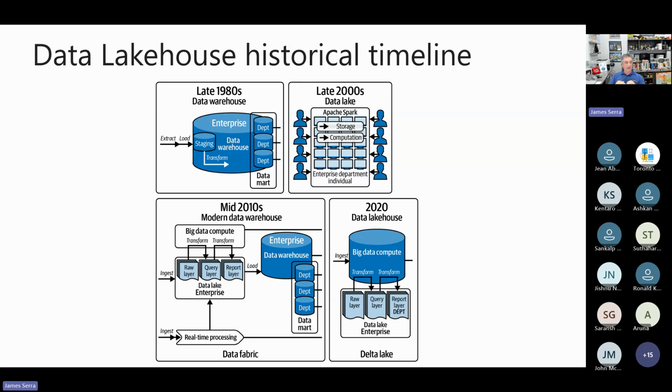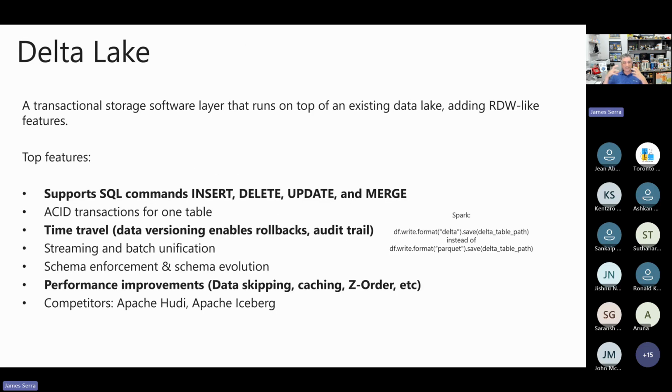And the big change was a new technology called Delta Lake. Delta Lake was a transactional storage layer built on top of a data lake to give that data lake relational data warehouse-like features.